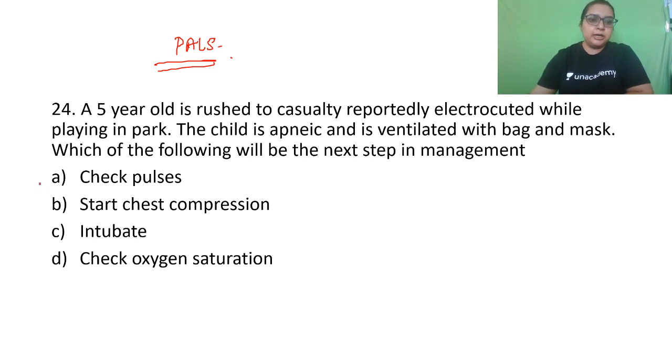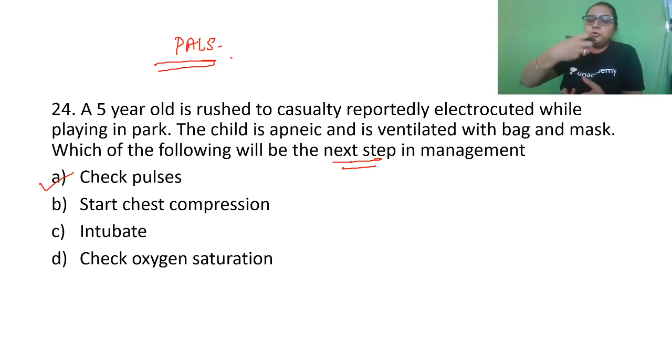Some of you have marked B as chest compression. See, you are not completely wrong, but this is best of 4 options. So in best of 4, you go for the first next step. Now the question is very specific: what will be the next step of management? So how will you know whether the patient has bradycardia, tachycardia or an arrhythmia? It is only when you check the pulses.